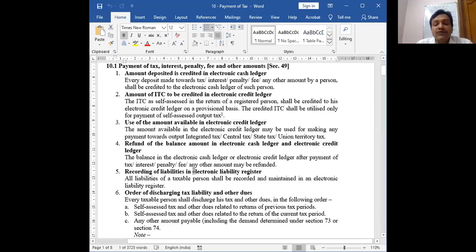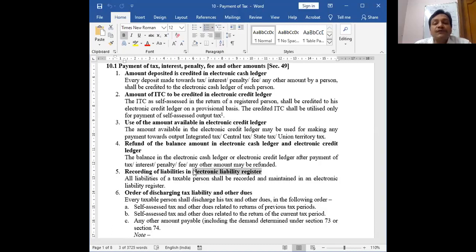What will be reflected in your electronic liability register? All the output taxes, all the fees, all the penalties, etc. Whatever you are supposed to pay will be reflected by default in your electronic liability register. And when you start paying those amounts, that will be deducted and automatically this account will be tallied.